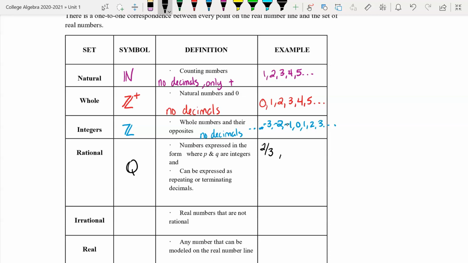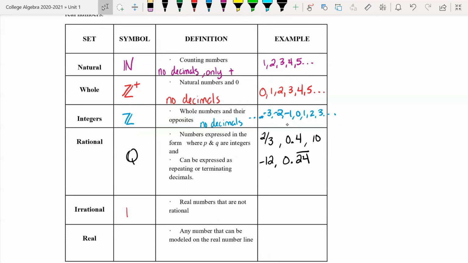That one works. 0.4, that's a decimal that ends. The number 10 is also an example. -12 is an example. Or if it has a repeating decimal, that one works as well. So that's rational numbers. So integers, whole, and natural are all considered rational numbers.